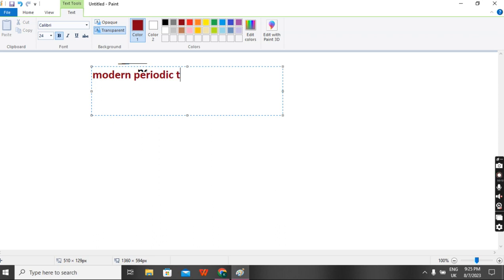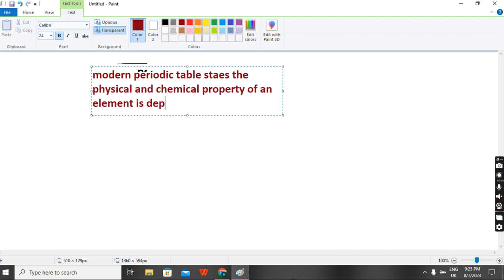The modern periodic table states that the physical and chemical properties of an element are dependent upon the atomic number, right?